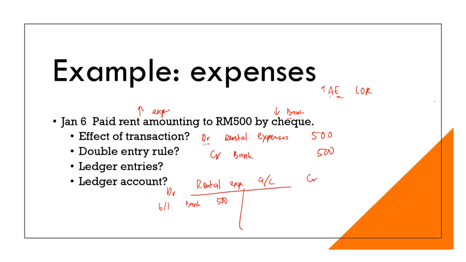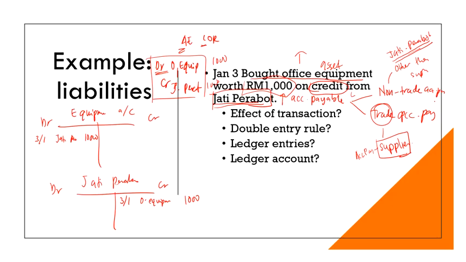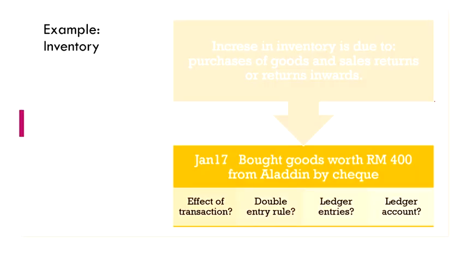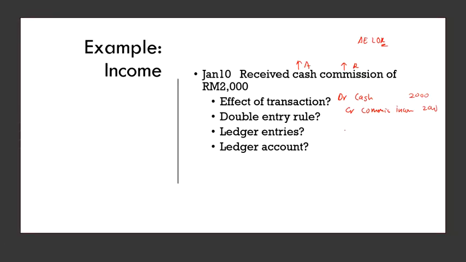So now kita buat ledger. Ada tak cash? Kita pernah buka cash? Tak ada lagi. Okay, nah, kita pun buka cash account. Cash account, debit, credit. So on 10 January, you kata here commission income lah, for 2,000.